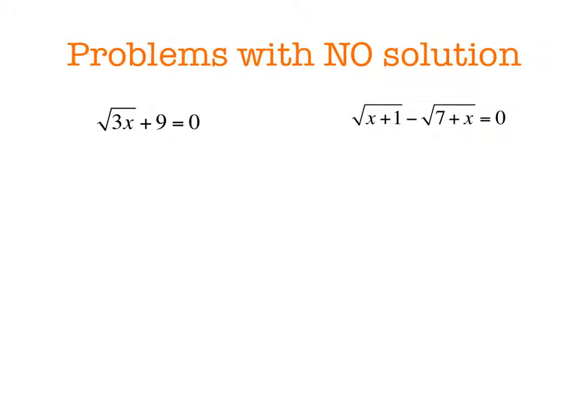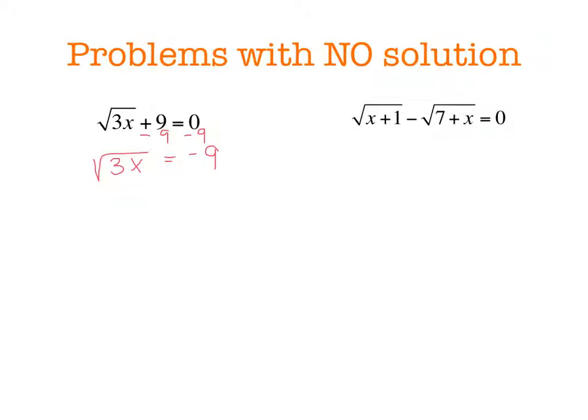Let's look at another couple of special cases where the problems have no solutions at all, or at least no real solutions, and we'll talk about what that means in a minute. So just like our other problems, we're going to go ahead and say the square root of 3x equals negative 9, because we're going to subtract 9 from both sides. So square root of 3x equals negative 9.